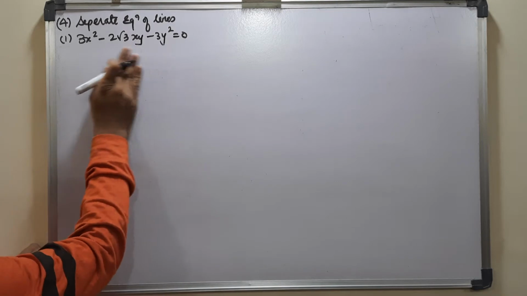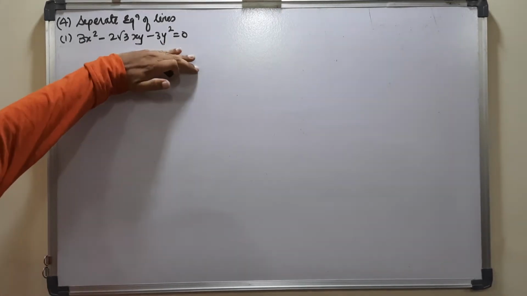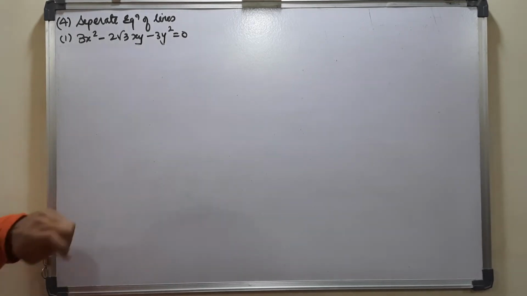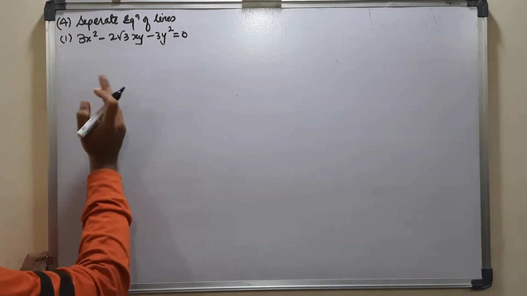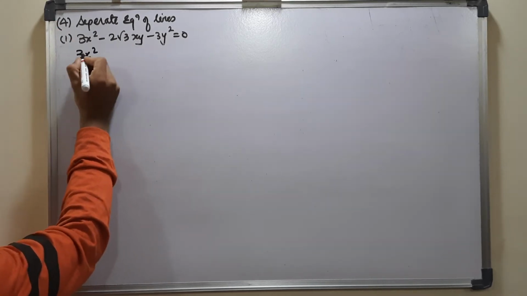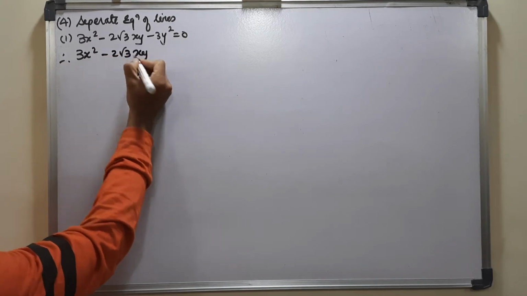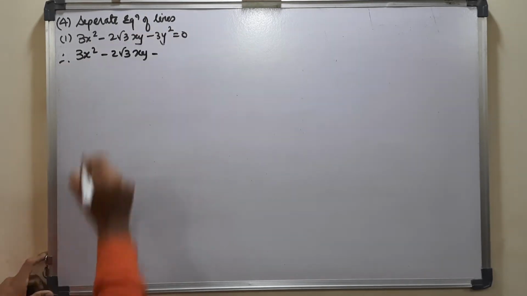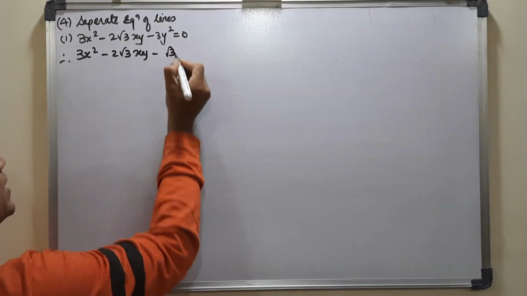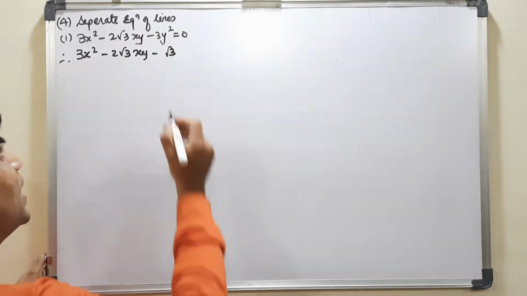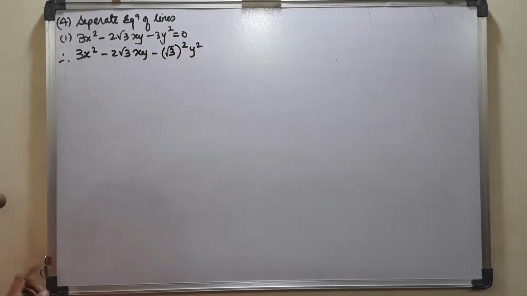Here, if I see, this is your 3x square, 3x square minus 2 root 3 xy. What you do is, this 3 which is there, you write it as root 3, and its square, y square.